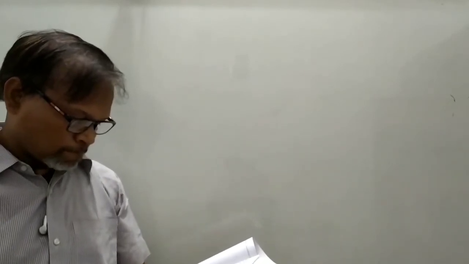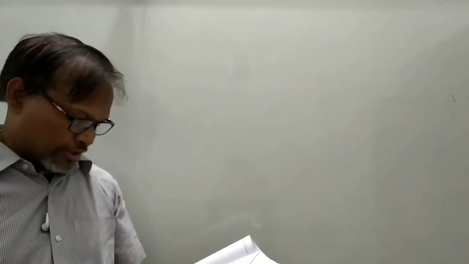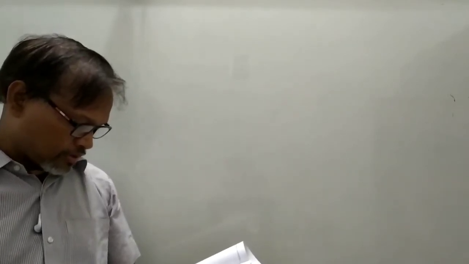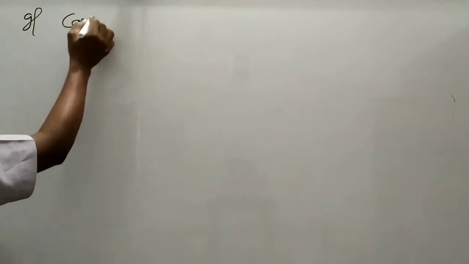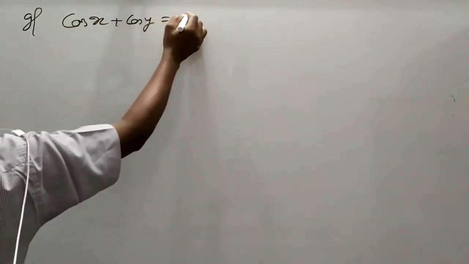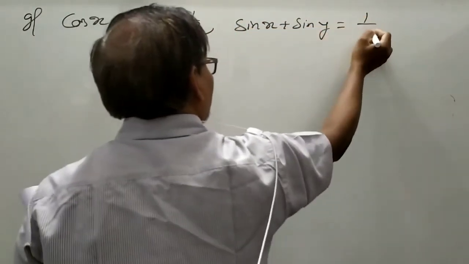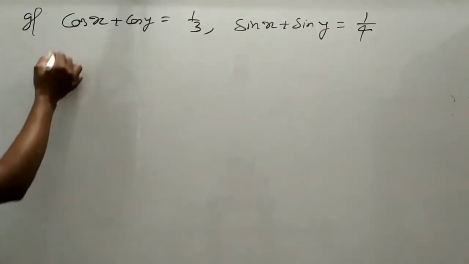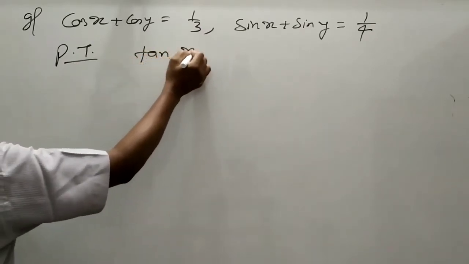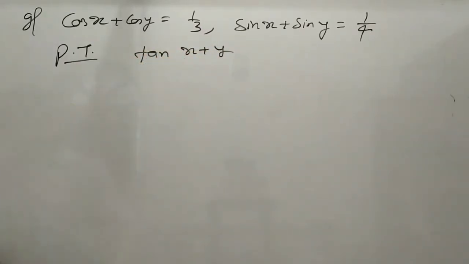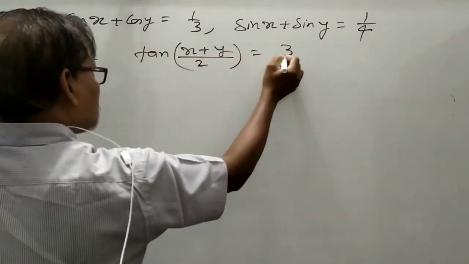Next one, if you have a question like 18: if cos x plus cos y is equal to 1 by 3, sin x plus sin y is equal to 1 by 4, prove that tan (x plus y) by 2 is equal to 3 by 4.